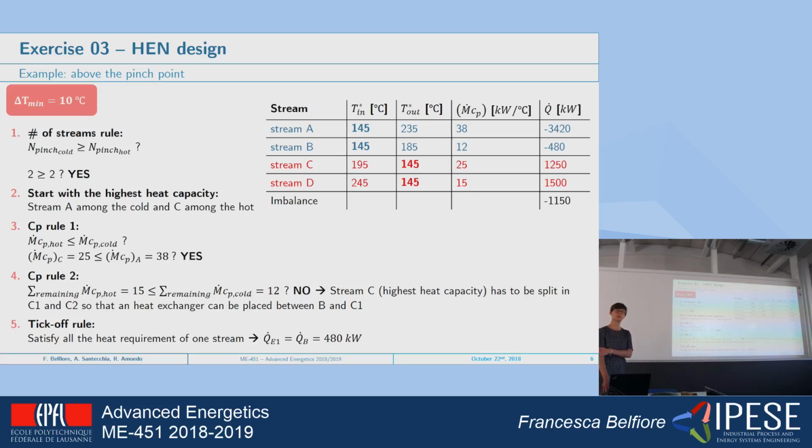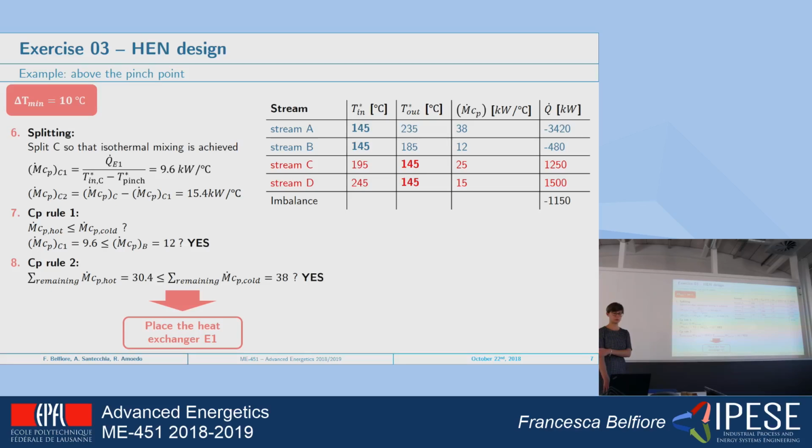We want to at least satisfy the complete load of one of the two streams. So we are looking at a heat exchanger. We want to place it between one stream that we will get from splitting stream C and stream B. The heat load is the heat load of stream B, so 48 kilowatt in this case.